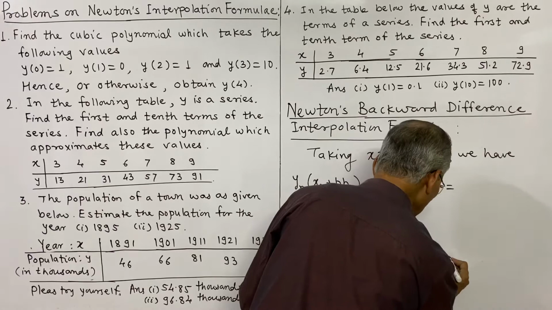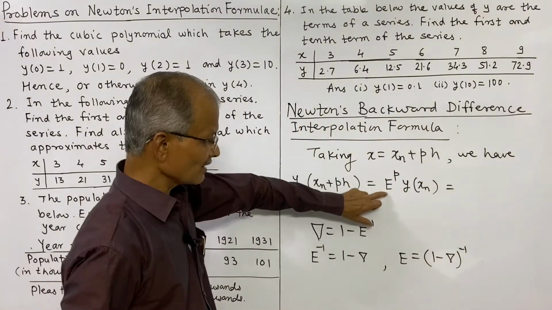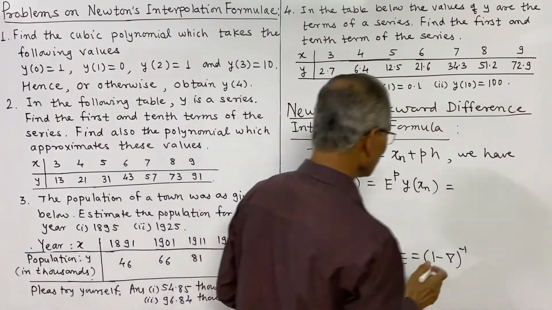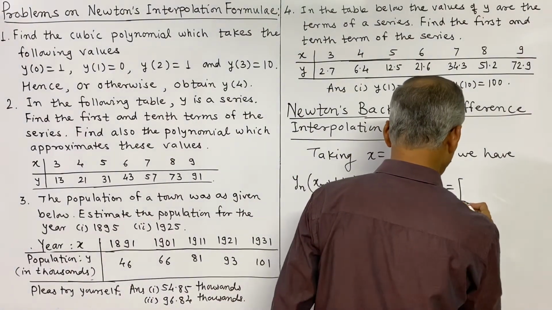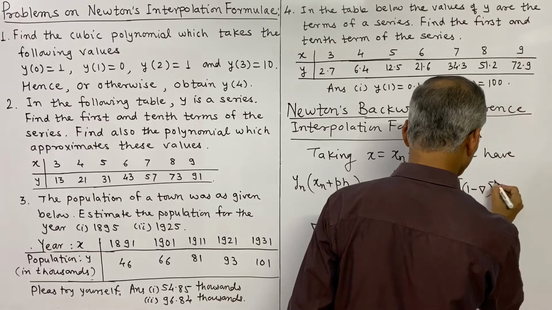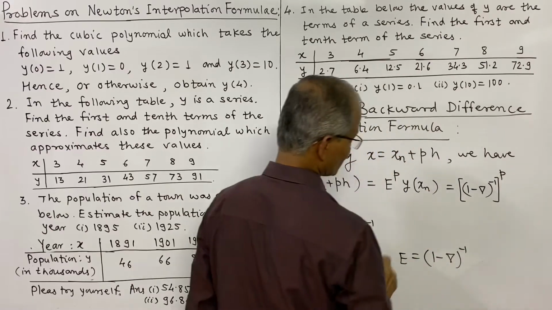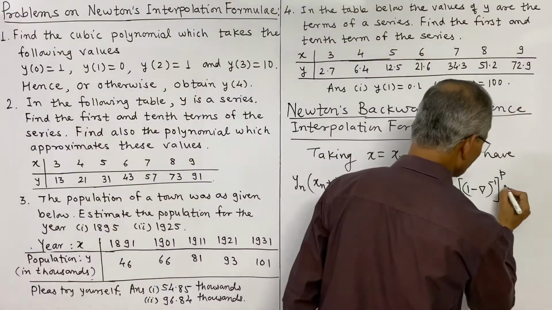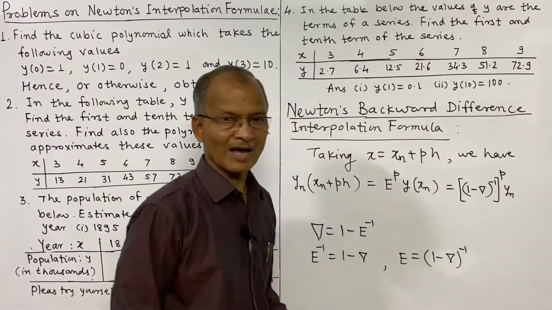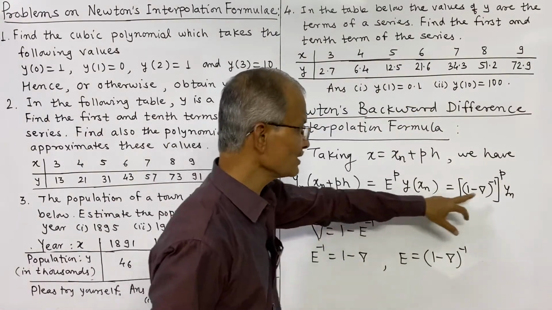So E will be 1 minus del to the power minus 1. We shall write this as (1 minus del) to the power minus 1, raised to p, of y at xn, which is yn. The value of y at x0 is y0, y at x1 is y1, y at xn is yn.